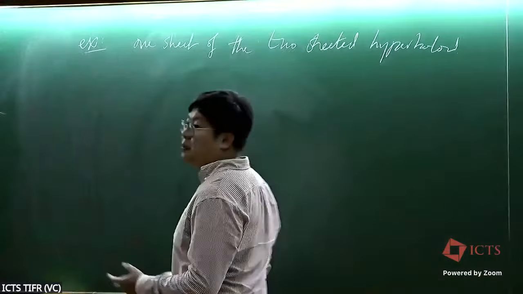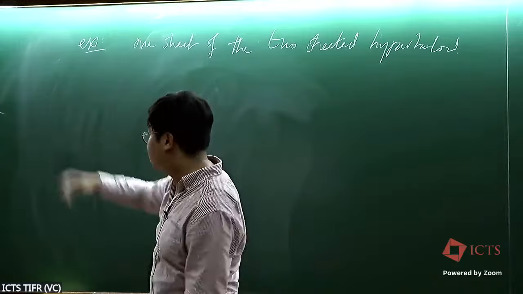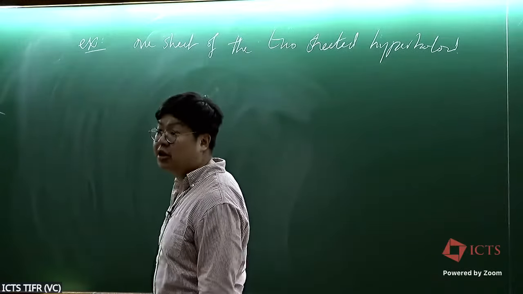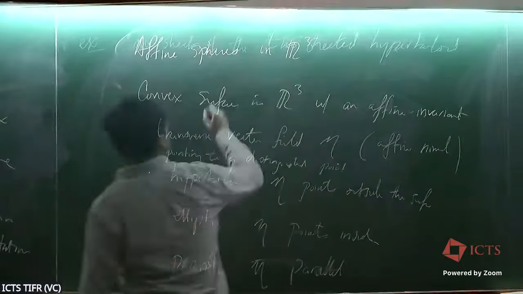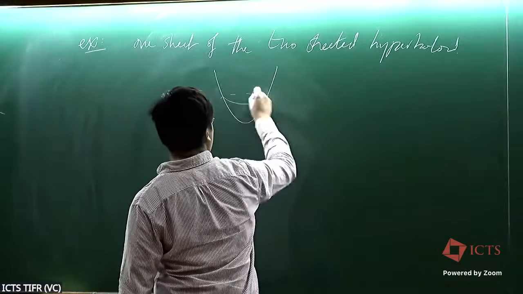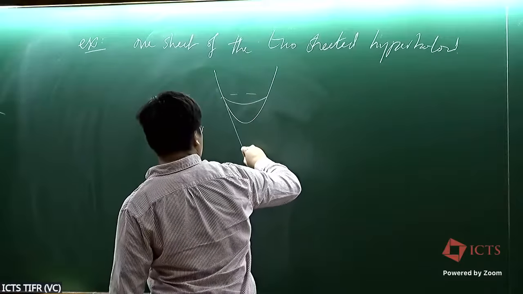And we saw that minus the position vector, of course I could translate it, was precisely this affine normal, and the distinguished point was the origin. So let me just repeat this picture that we saw.